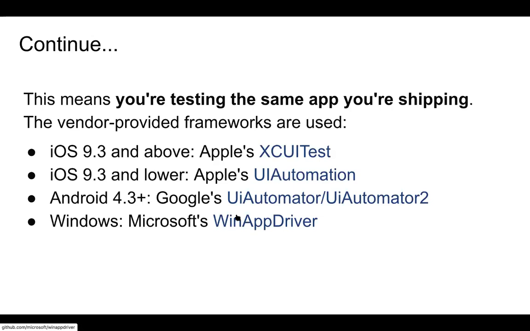If it is less than that, then we need to use Selendroid, etc. So these are the native bindings. These frameworks work internally with the application installed on your device that you want to automate.